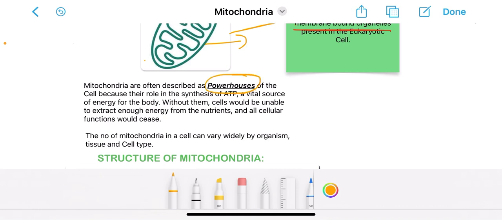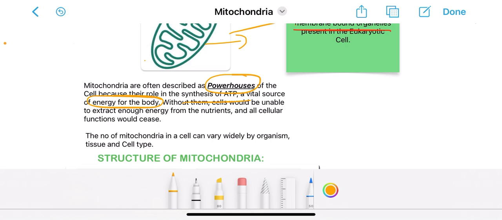Mitochondria को cell का powerhouse कहा जाता है because of their role in the synthesis of ATP, क्योंकि mitochondria ATP synthesize करता है. And we know that ATP is a vital source of energy for the body. हमारी body के almost हर cell को ATP की ज़रूरत है. Without them, cells would be unable to extract enough energy from the nutrients.